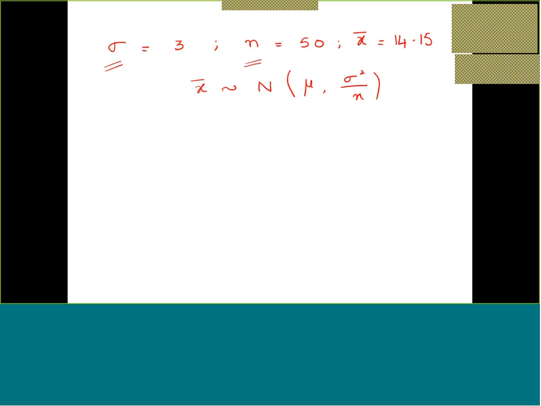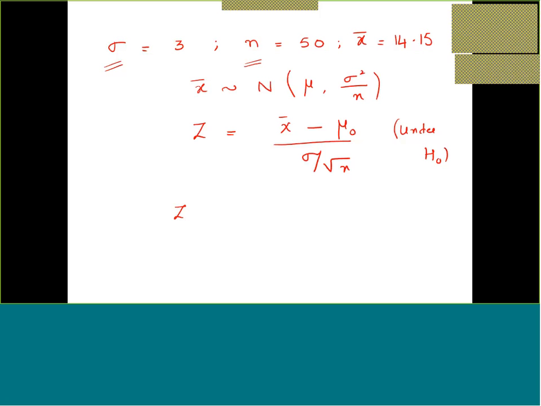In such a case, the test statistic Z is X bar minus mu by sigma by root n. But always remember, under H0 only, you have to choose the test statistic. In such a case, you have to write here it is mu naught. Mu naught is given in the hypothesis statement, that is 15.